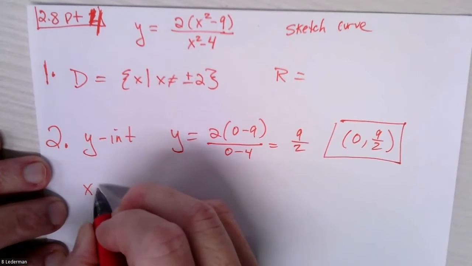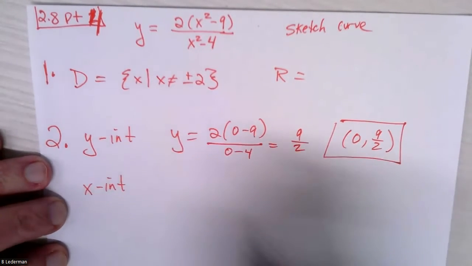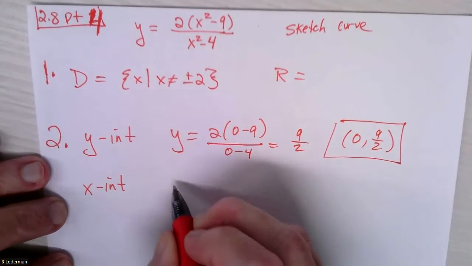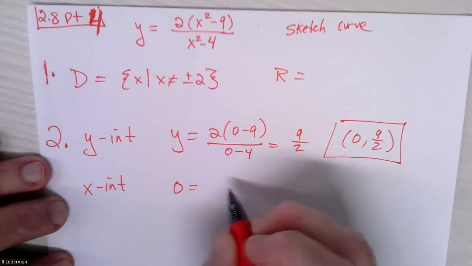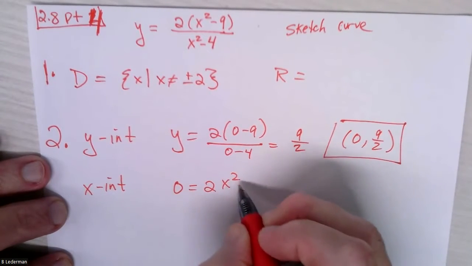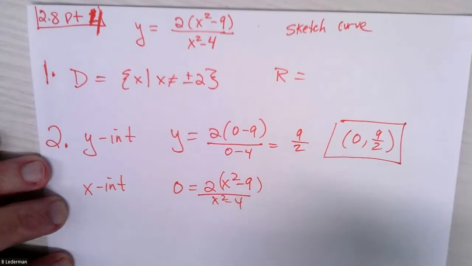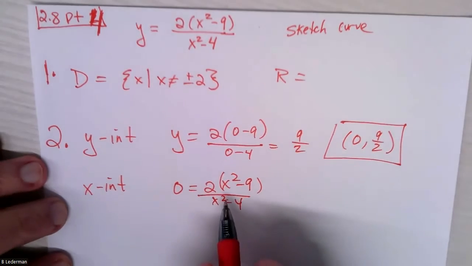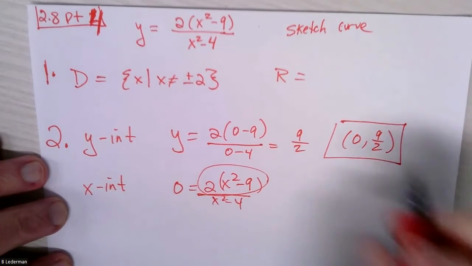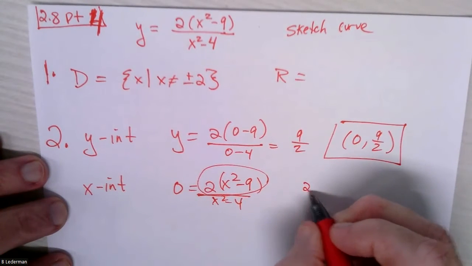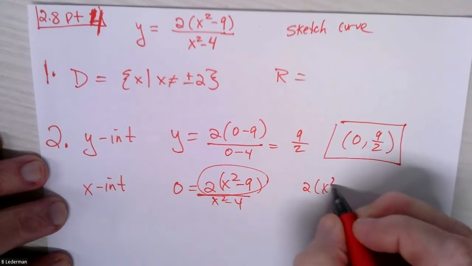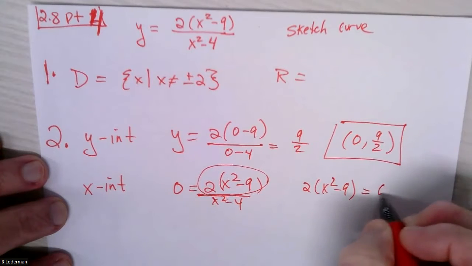For the x-intercept, I have to let y equal 0, so I have to set this whole fraction equal to 0. But the only way this can ever equal 0 is if the numerator equals 0. So I'm just going to set the numerator, 2 times (x squared minus 9), equal to 0.